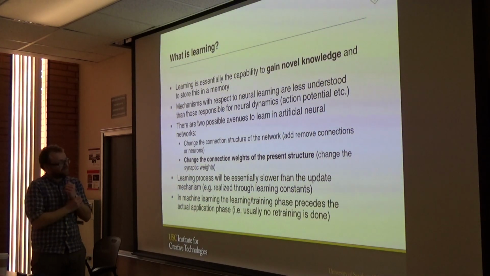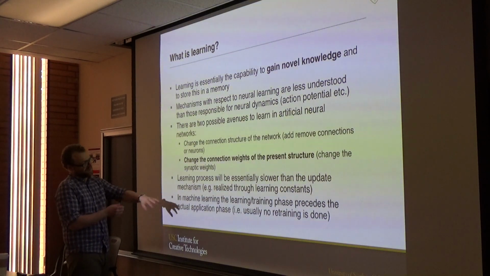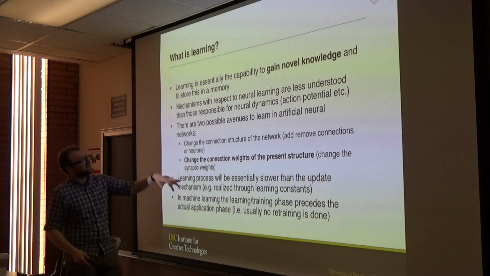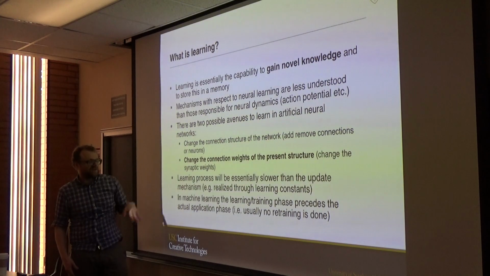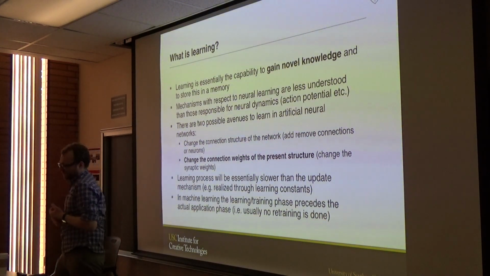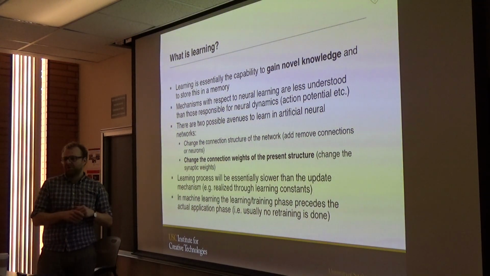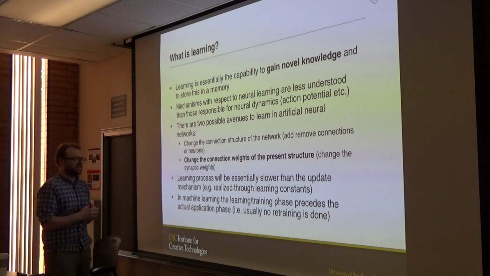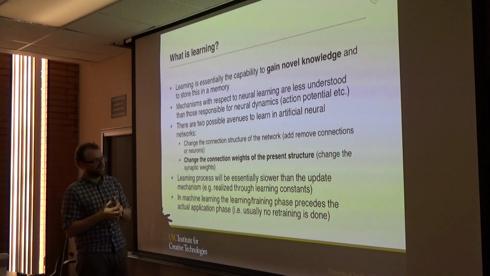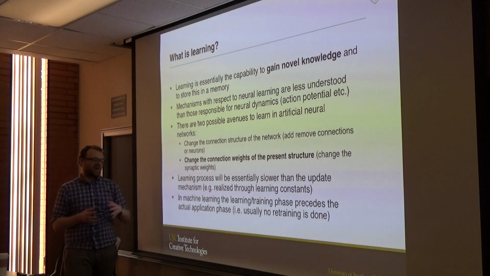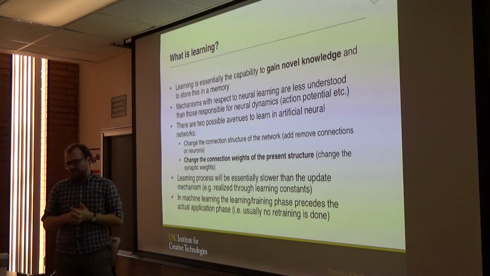And that's just a last point: the learning, the adaptation of the weights, we do that before we deploy a neural network to do its duty, before the application phase is going on.